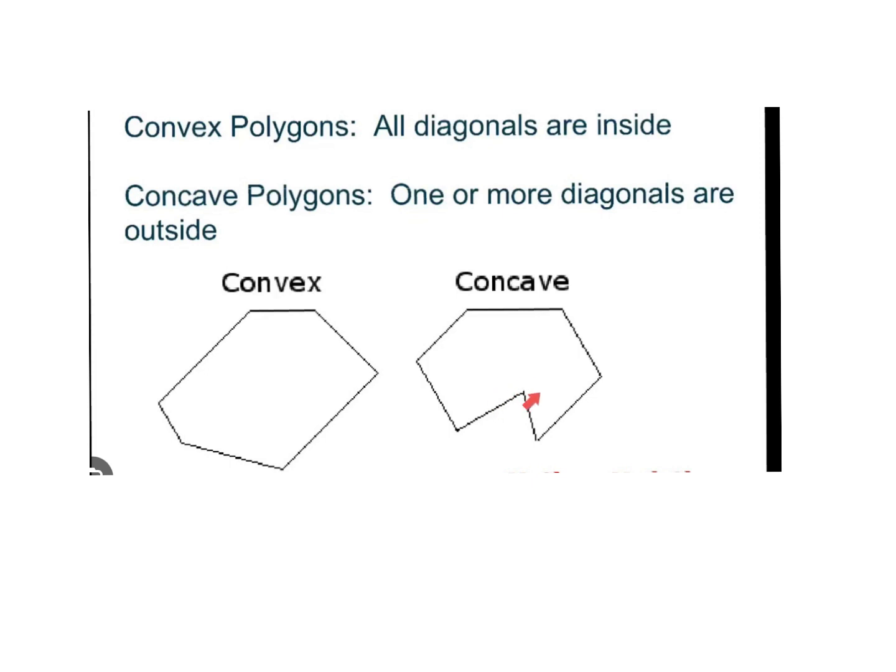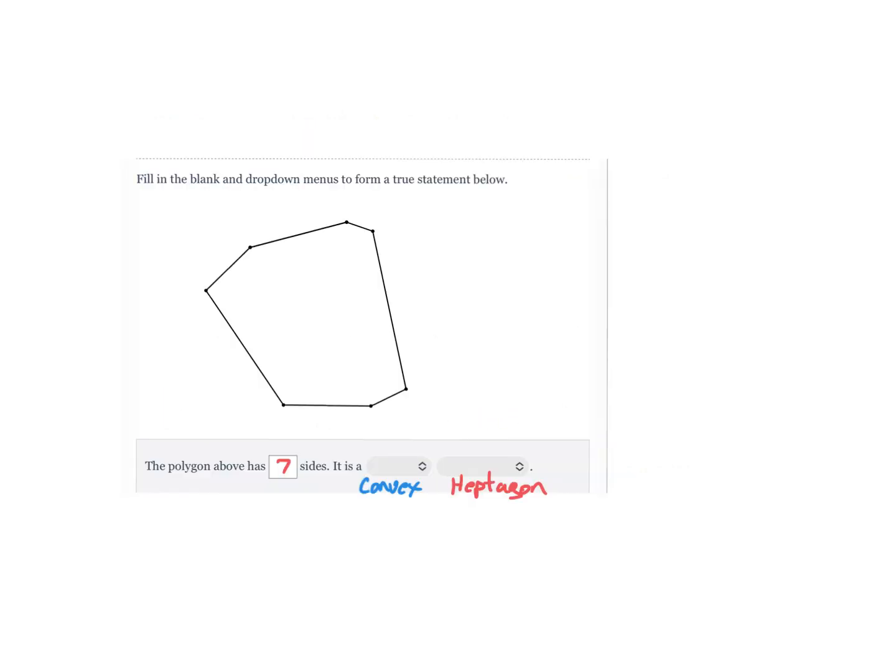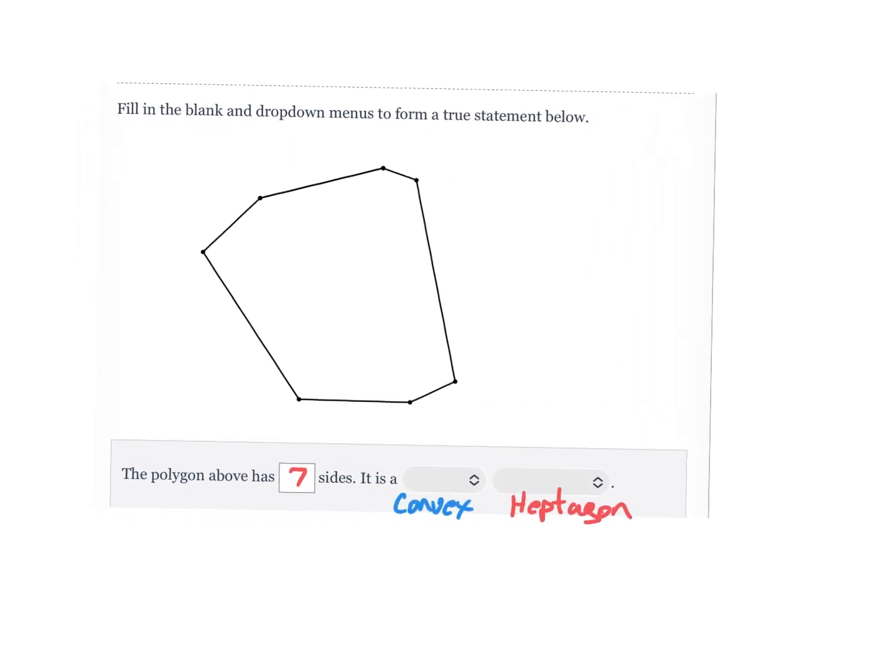So you can see this angle would be more than 180 degrees. That's the definition of a concave, whereas in the convex, all of the interior angles are less than 180. So when you have an angle that's greater than 180, that's because it's pushed inside. That's called concave.